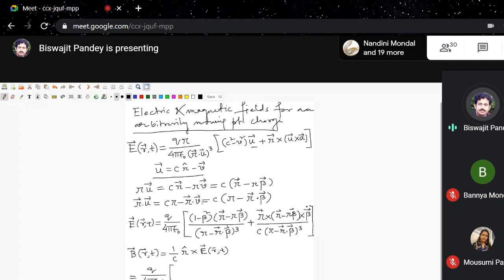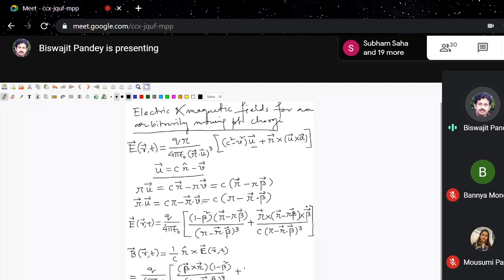So if I want to absorb this minus sign, then I will write beta cross r, because r cap times scalar r is vector r. So beta cross r into 1 minus beta square divided by this r minus r dot beta whole cube, plus, I'm taking a cross product with r cap with this entire thing.